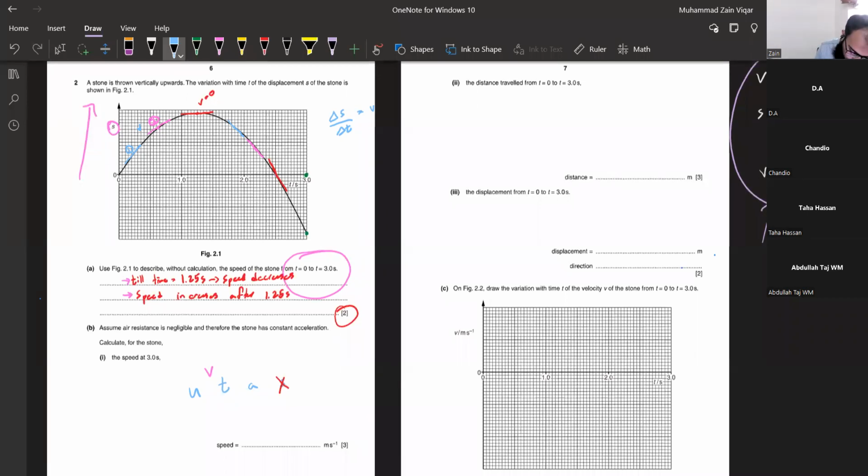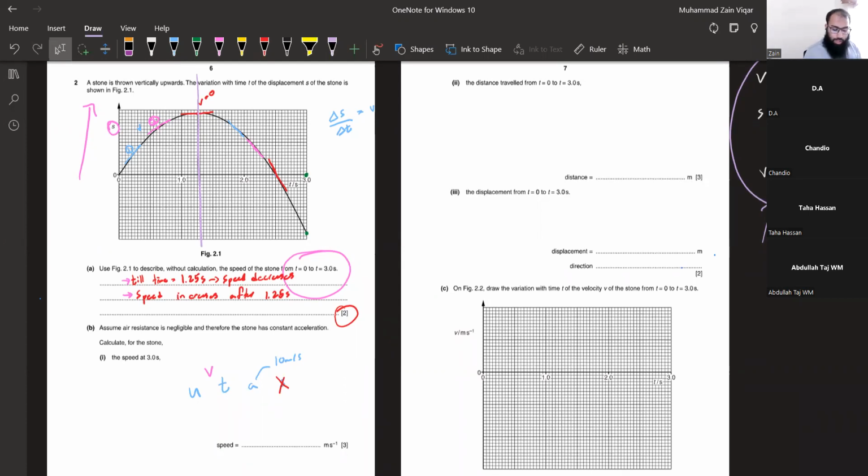Acceleration I know is equal to 10 meters per second squared. Now I need to find values of u and t in such a way that I could find my speed. There are multiple ways to do this, and I'll do it in one of those ways. I take this point and ignore the graph on the left, the left side of this purple line.